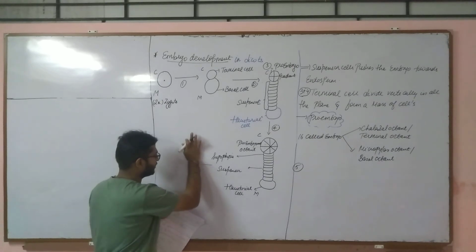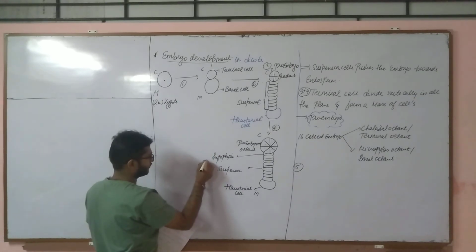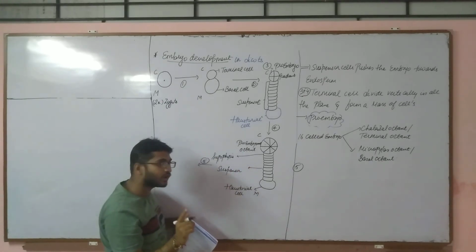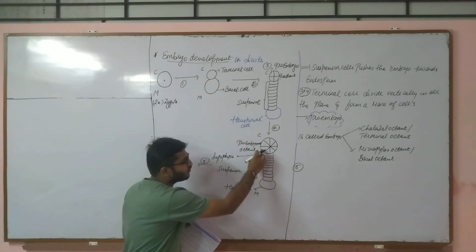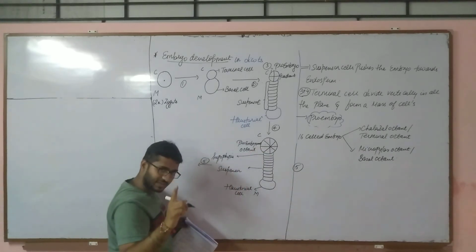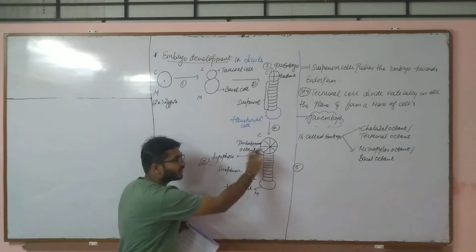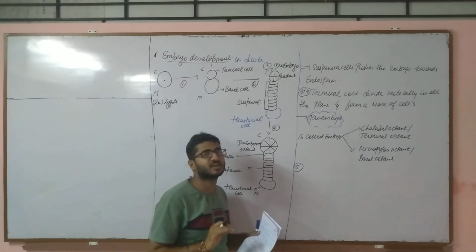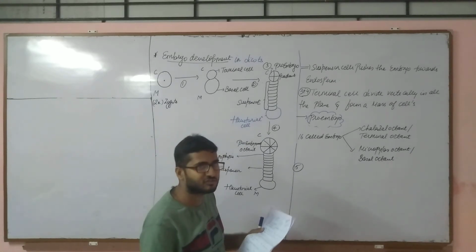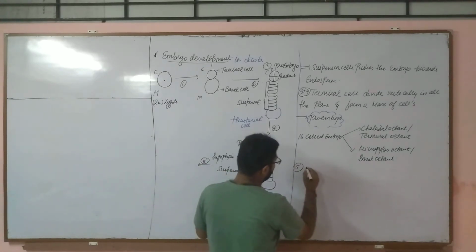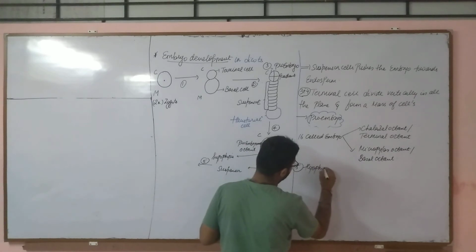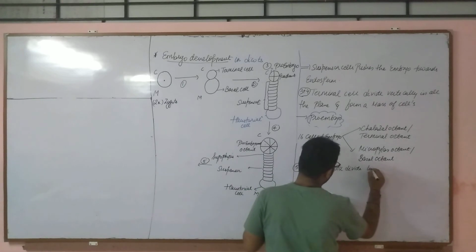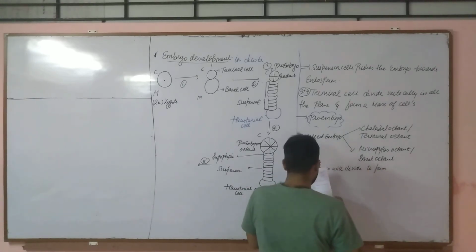The fifth step is that the hypophysis will divide. And what was the hypophysis? The first cell of the suspensor, located towards the pro-embryonal octet, or you can simply say the pro-embryo, which will give rise to the embryo. So the hypophysis will divide to form 8 cells.